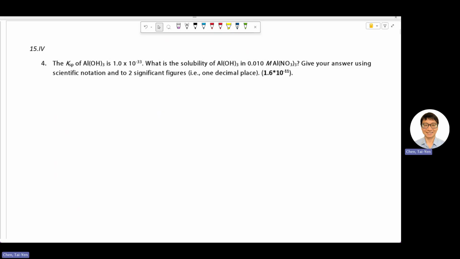The one with Ksp information is your insoluble salt. Okay, Ksp is specifically designed for the insoluble salt. Do you guys see that? Because if it's soluble, then it pretty much can dissociate 100%. There's no meaning to define the equilibrium concentrations.